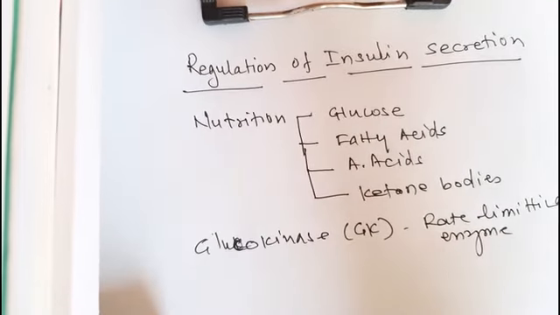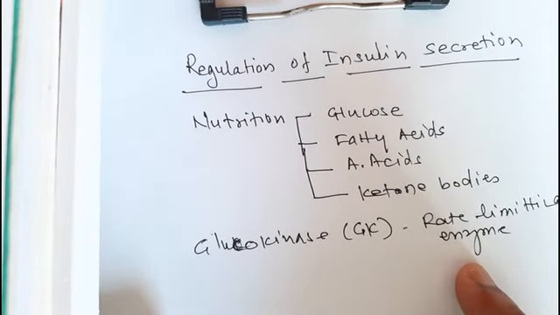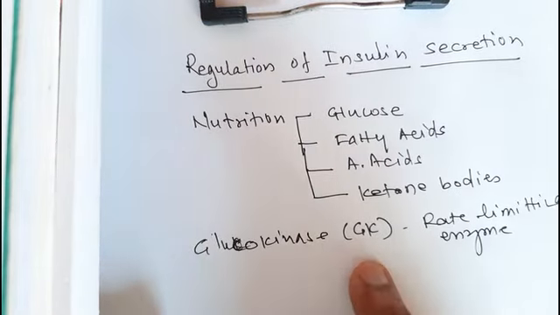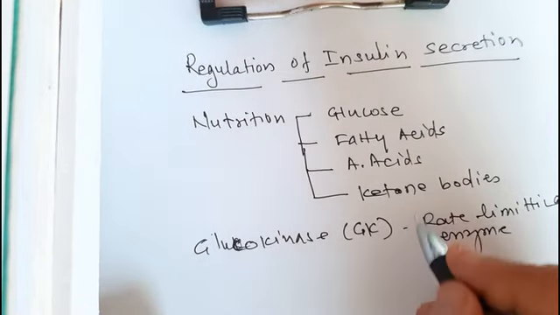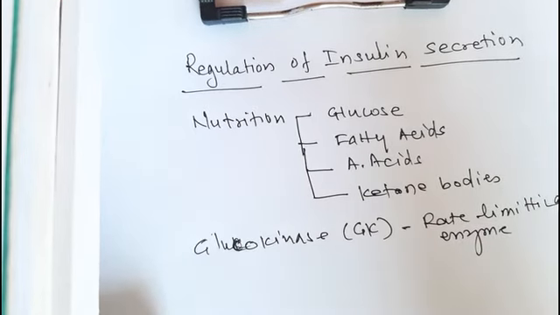beta cells, it is converted to glucose 6 phosphate. So this is a phosphorylation of glucose. It takes place by glucokinase, and because it is a rate limiting enzyme, this is very important for the regulation of insulin secretion.